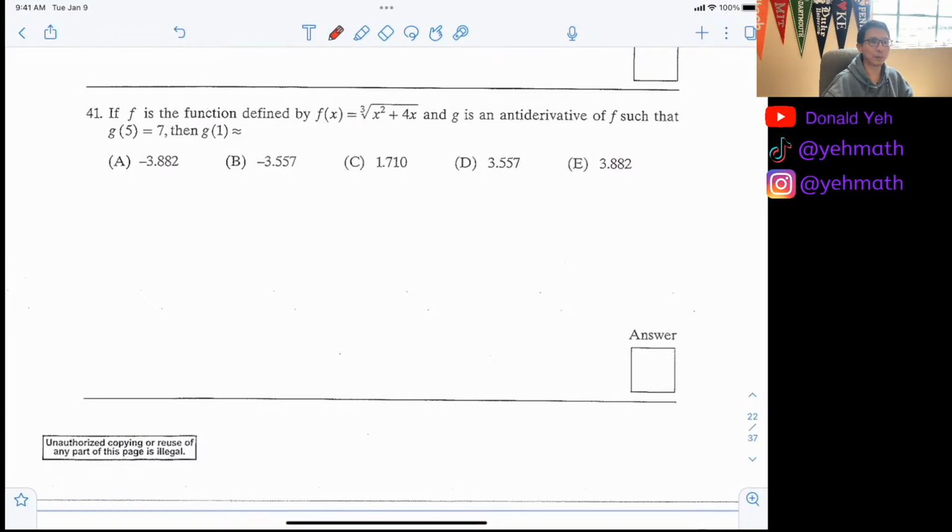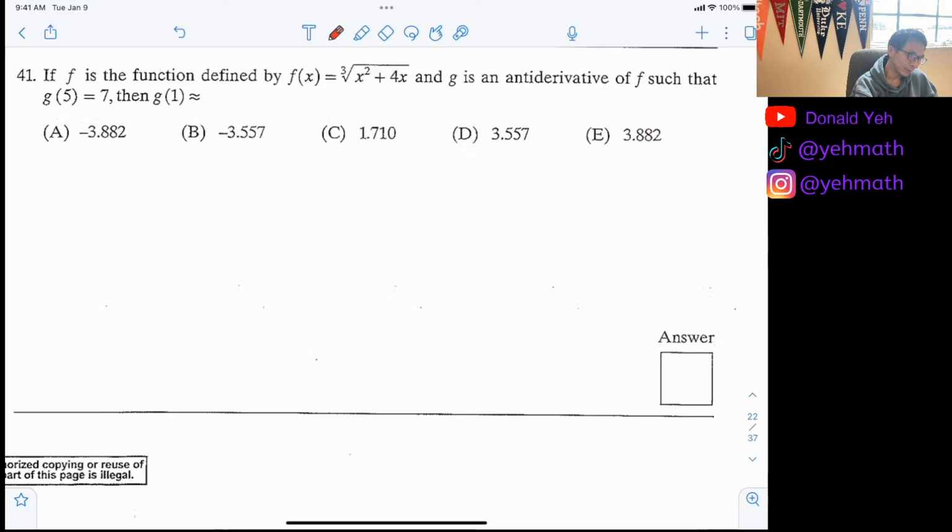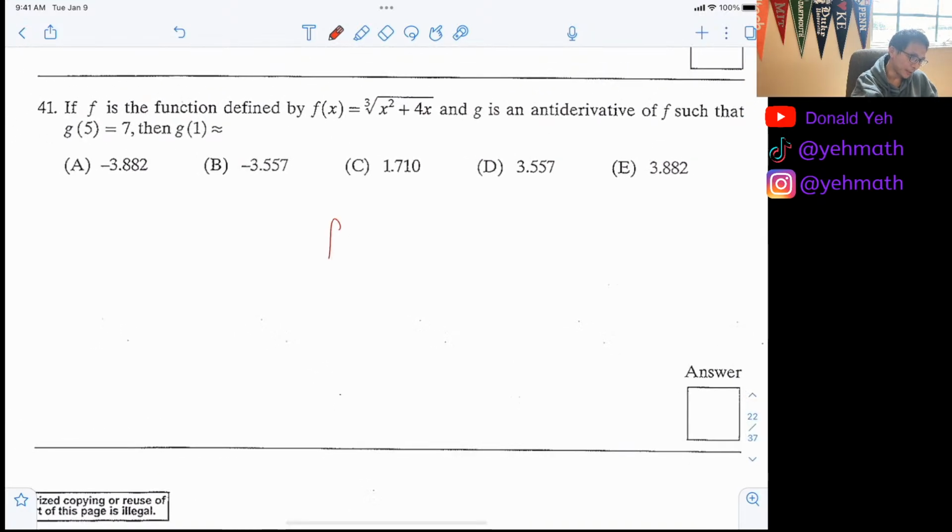41 is a very popular calculator question, and nobody knows what they're doing. Okay, let's see it. If f is a function defined by whatever, and g is the antiderivative of f, can I just integrate this?